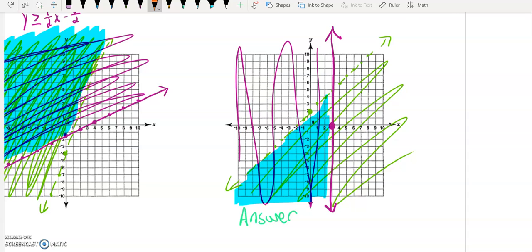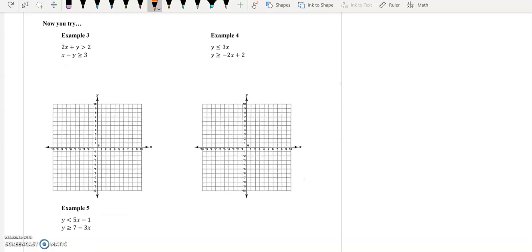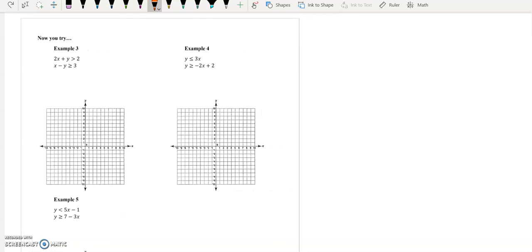Okay. Now what I would like you guys to do with the remainder of our time is I gave you 3 practice problems on the next page that are the exact same concept. In example 4, the y's are already by themselves. That's really nice. So that should just be a figure out the y-intercept and the slope and graph it. Same thing with number 5.